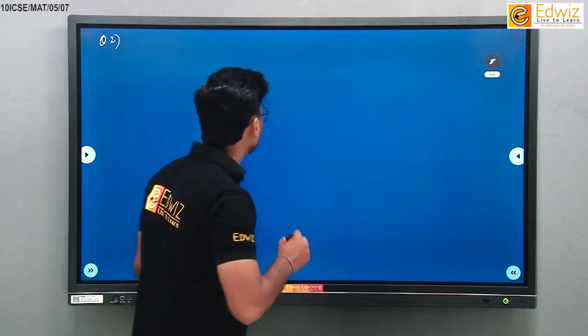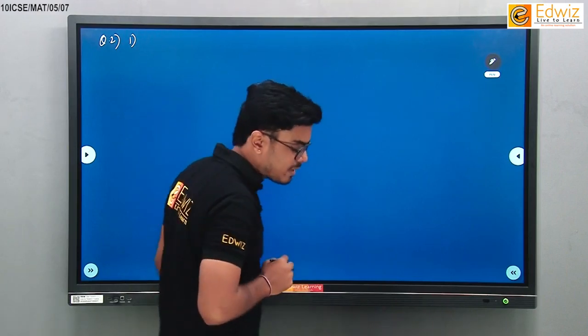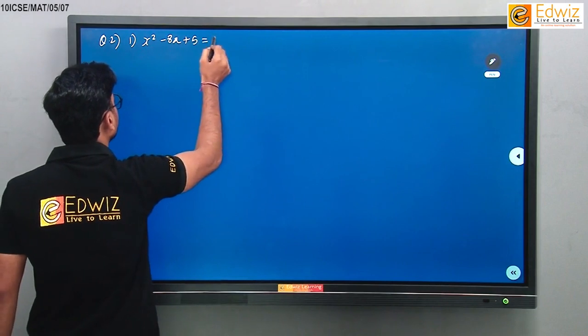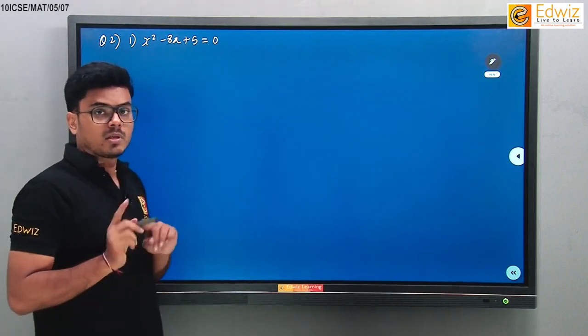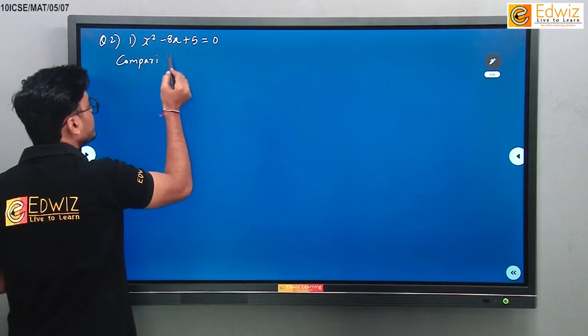Okay, then let us solve the first question here. First equation that is given is x square minus 8x plus 5 equal to 0. So compare it with the standard form. We will directly solve it using the formula.